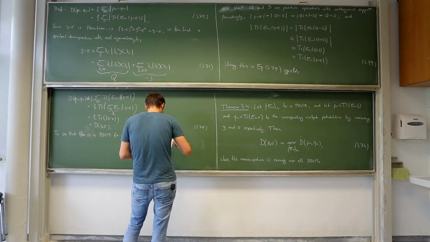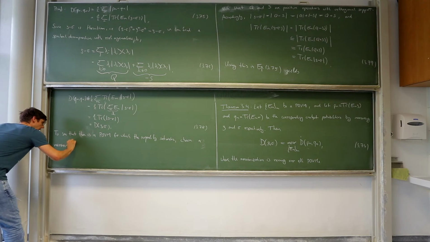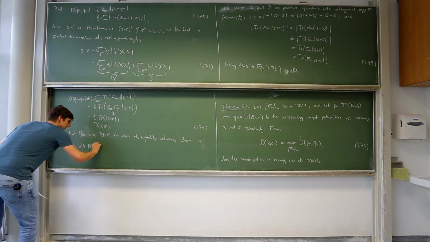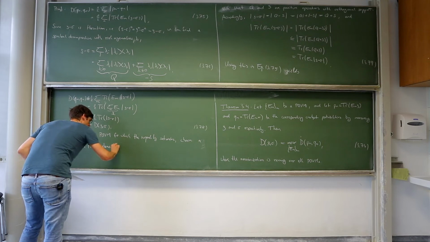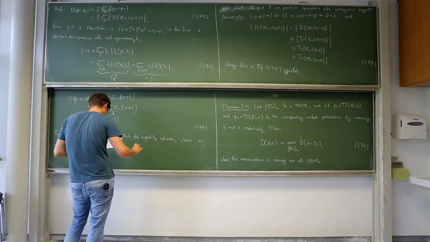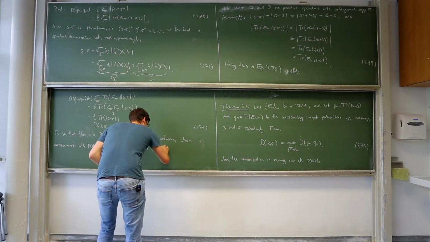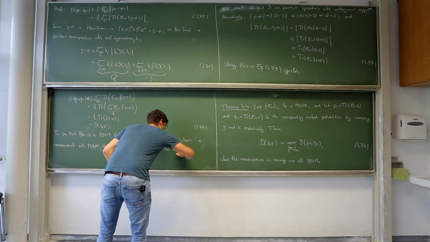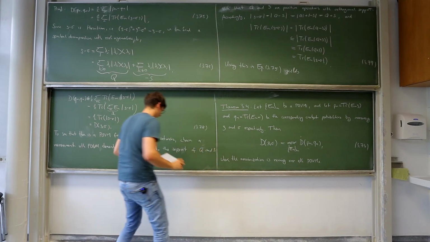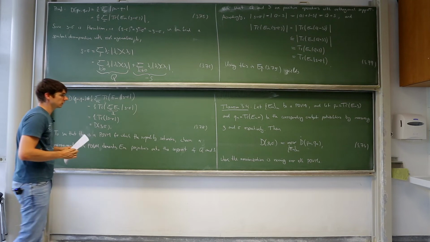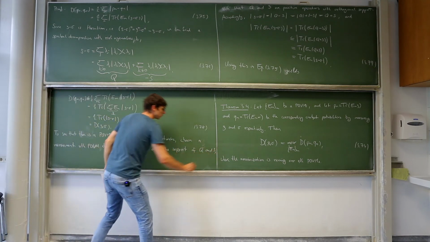choose a measurement with PUVM elements EM projectors onto the subspaces, or onto the support of Q and S. So if those measurement operators EM project on the support of Q and S, I write this down.